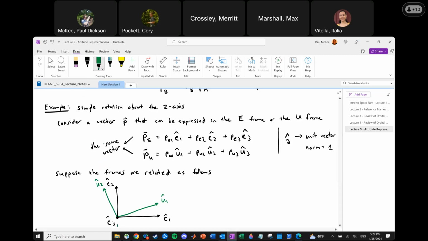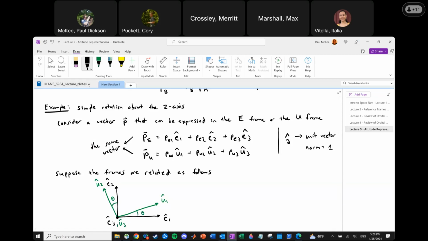And then U3 is also coming out of the screen at you. So it didn't move. E3 and U3 are the same direction. And let's say that the angle here is theta. So you can imagine that the difference between the E frame and the U frame is a rotation theta about the Z axis, which they both share, right?